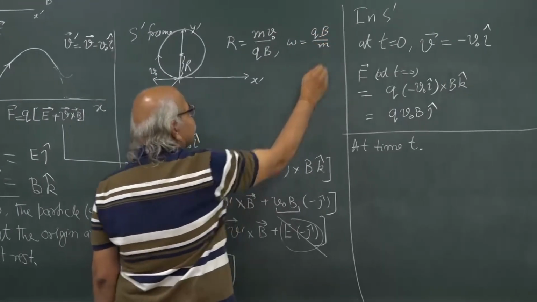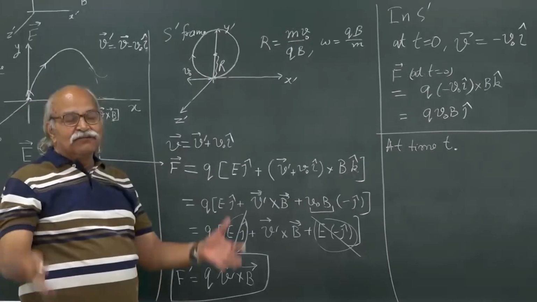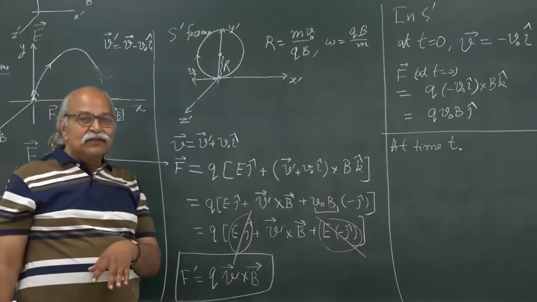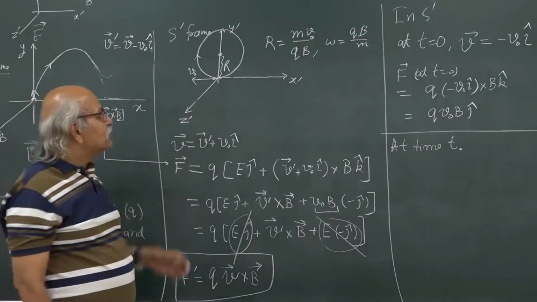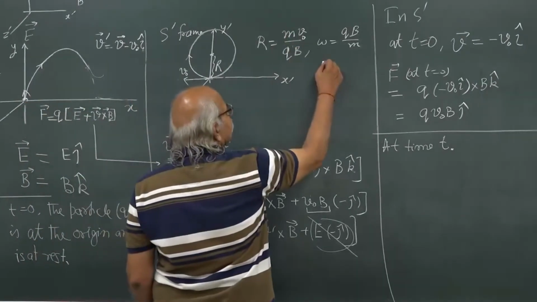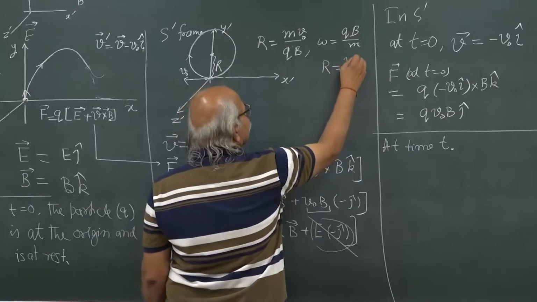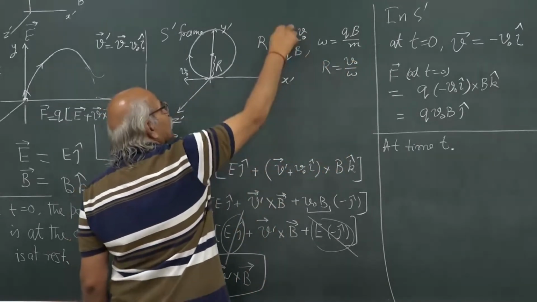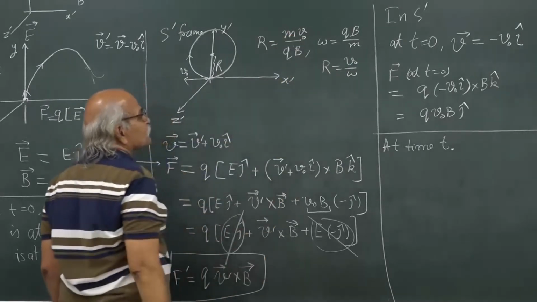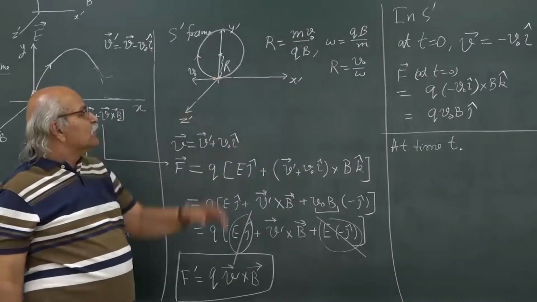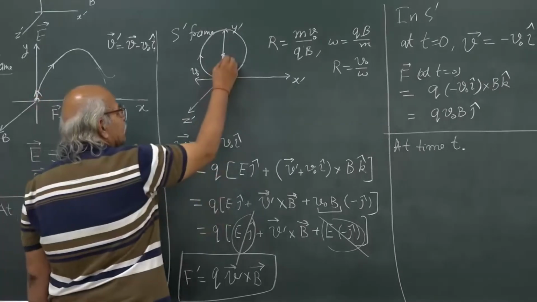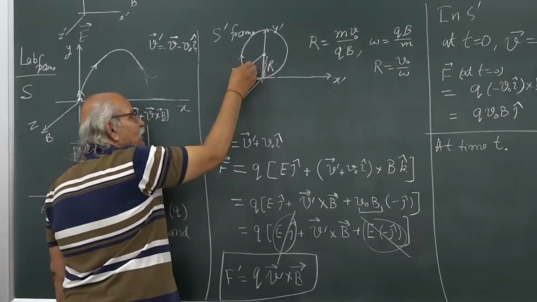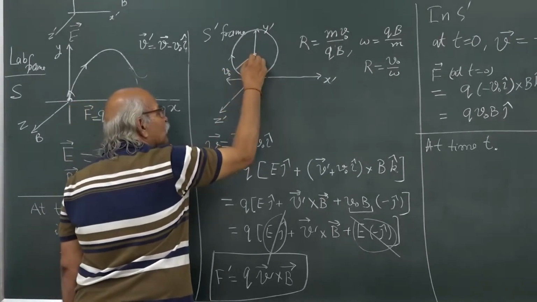All these things we had derived when we considered a uniform magnetic field and a particle projected perpendicular to it going in a circle. This r you can write as v naught by omega, where qB by m is omega. So in t time it will go here, and this angle will be omega t.